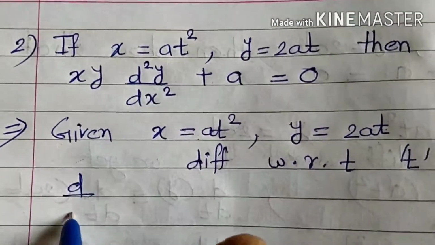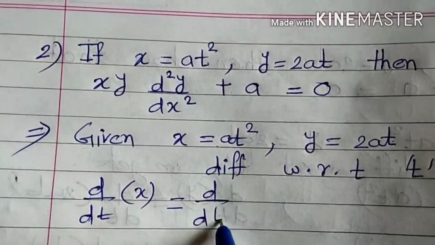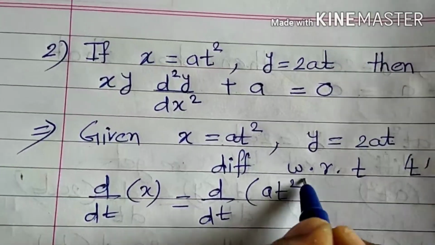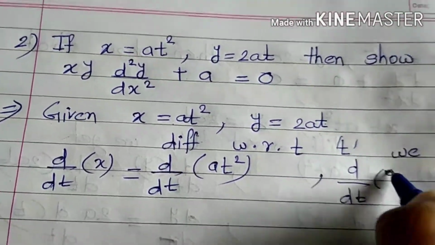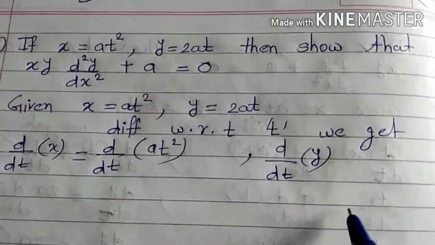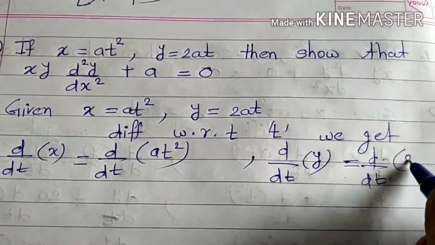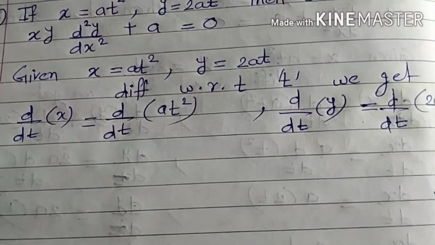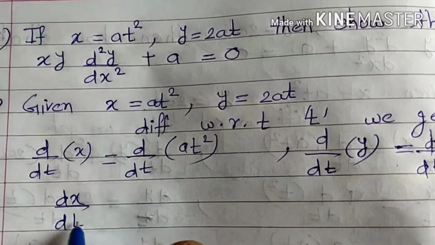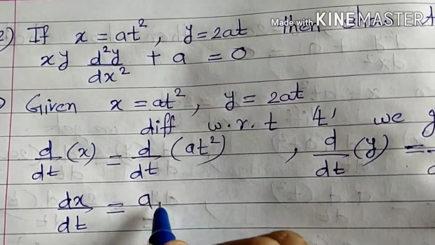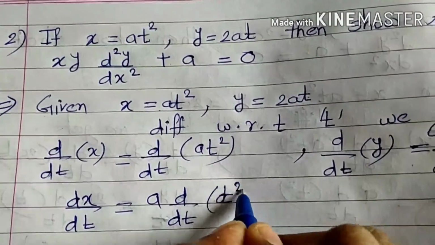So first d by dt of x is equal to d by dt of at square, and also d by dt of y is equal to d by dt of 2at. So taking differentiation, dx upon dt is equal to a, a is constant, take it outside, d by dt of t square.